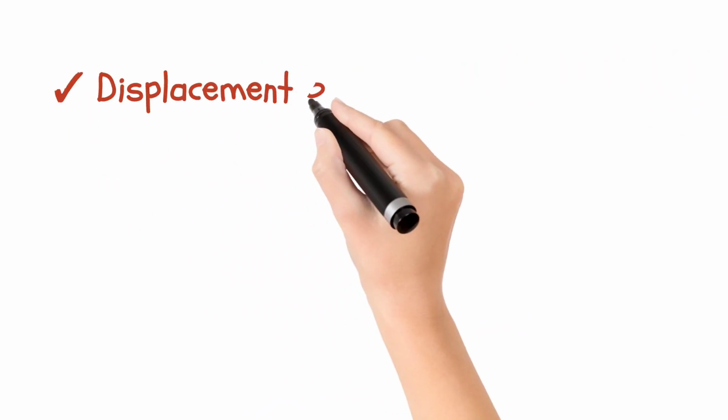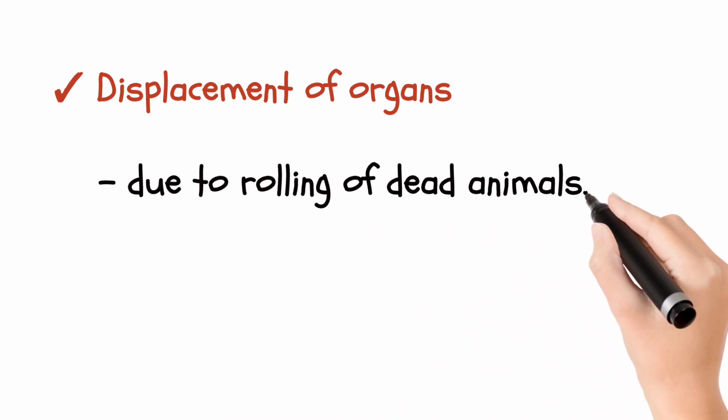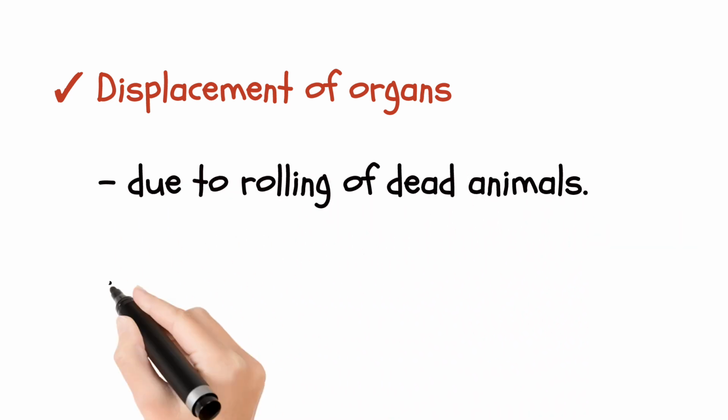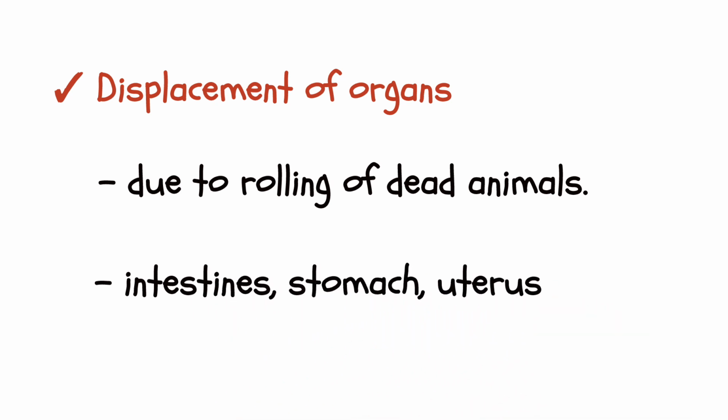Displacement of organs. Displacement of internal organs due to the rolling of the dead animals is seen. It's mainly seen in the intestine and stomach. Also in the uterus, you can see them being displaced, not usually where they are supposed to be, due to the rolling of the dead animal.